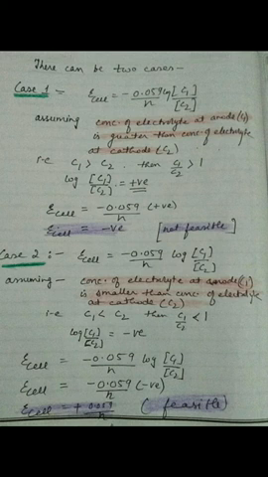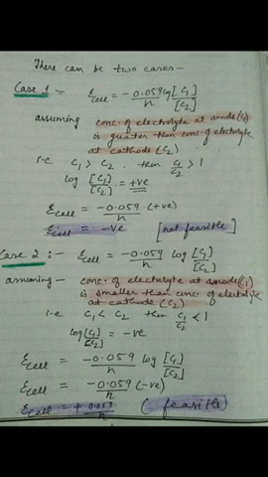In that case, C1 upon C2 will have a value greater than 1, so log C1 upon C2 will have a positive value. So E cell will equal minus 0.059 upon n into a certain positive value. Minus times plus is minus. So the EMF of the cell is coming negative, and whenever the EMF of a cell is negative, it is not going to work. It will not be useful for us, as it is not feasible.